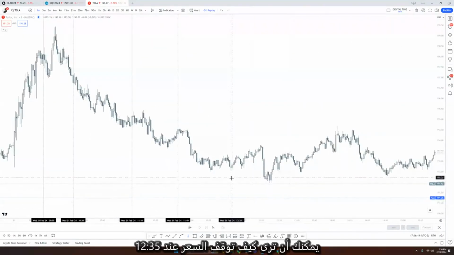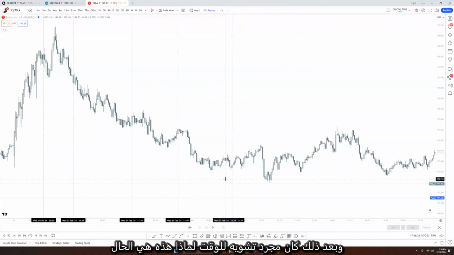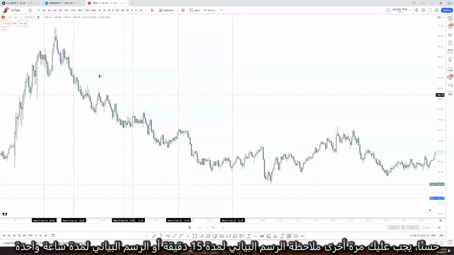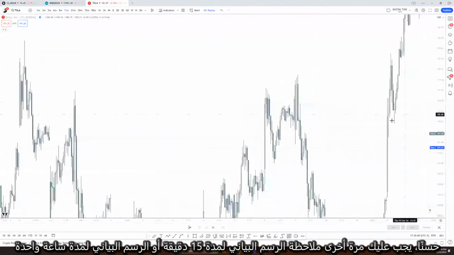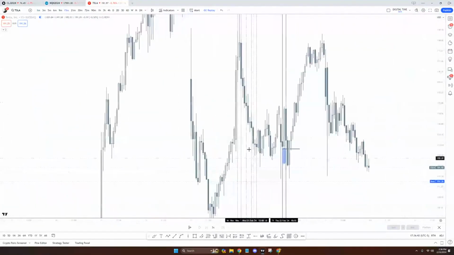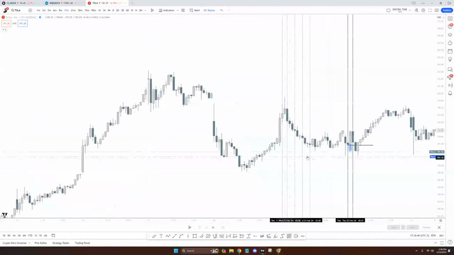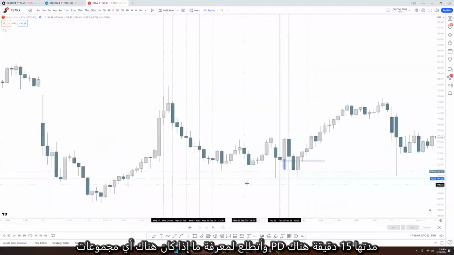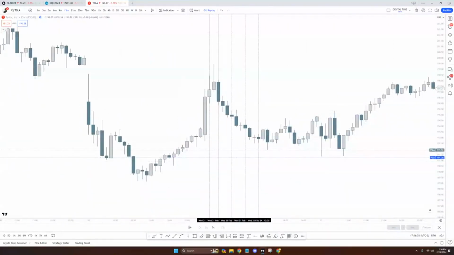You can see how price stalled out at 12:35 thereafter, and it was just time distortion. Why is that the case? Well, you again must be observing the 15-minute chart and or 1 hour chart, and looking to see if there is any 15-minute PD arrays there.